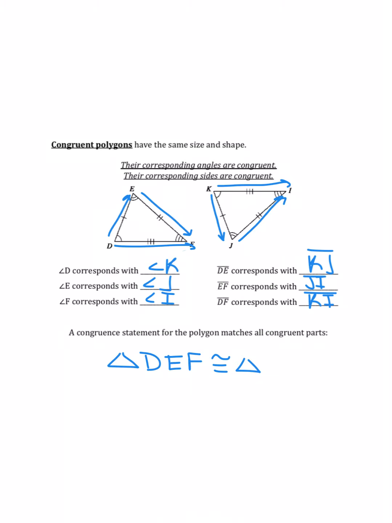Now let's see, we went from 1 to 2 and 2 to 3. So we would go 1 to 2 and 2 to 3 on the other figure, and it would be triangle KJI. And what we just wrote there is a congruent statement. The congruent statement gives us a lot of meaning. We'll see that later on in the lesson.